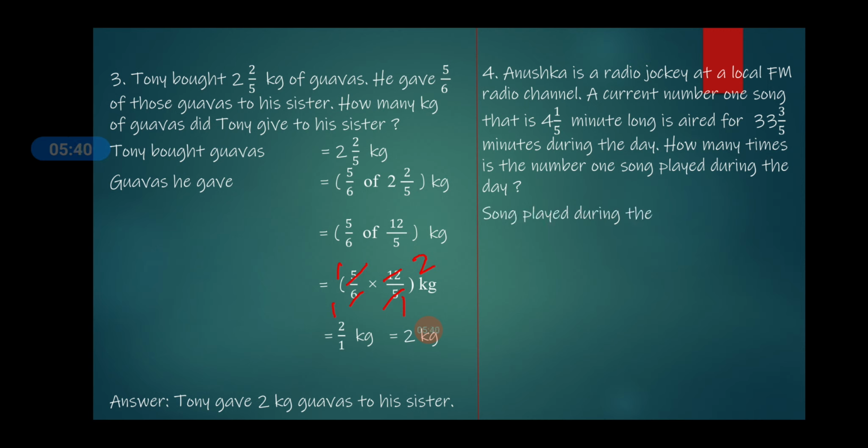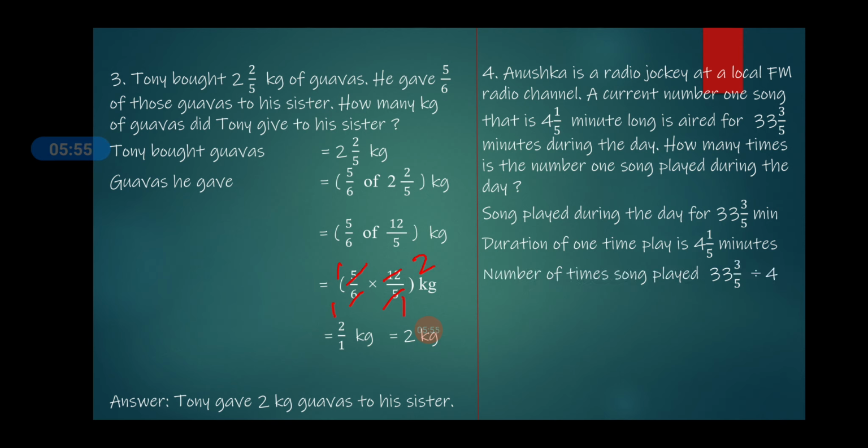Here the song is played during the day for 33 3/5 minutes and the duration of one play is 4 1/5 minutes. The number of times the song is played we can find by dividing 33 3/5 by 4 1/5.